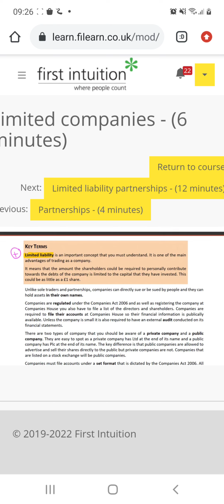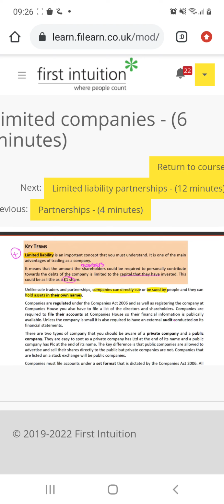As we've seen already, it means that the amount that the members, the shareholders, have initially invested, and this could be as little as £1 per share, they will be limited to losing that amount only, limited to that capital that they have invested in the company. Unlike sole traders and partnerships, companies can sue, they can be sued, and they can hold assets in their own names.